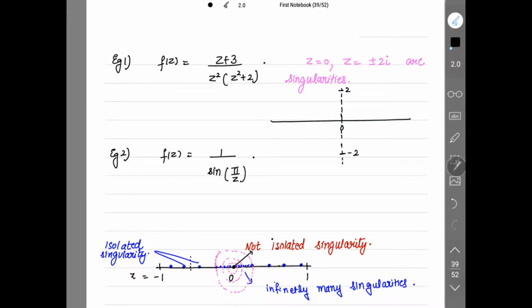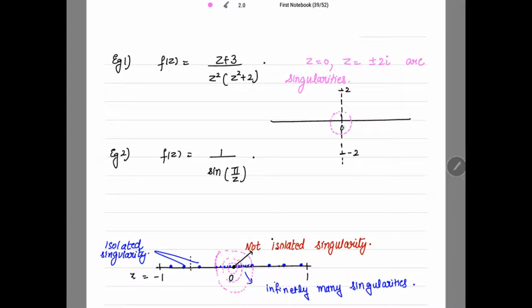Now I can make a neighborhood of 0 because 0 is your singularity. If I make the neighborhood of 0, is this singularity reaching this neighborhood? No. Is this singularity in this neighborhood? No. So 0 is a lone singular point in this neighborhood?